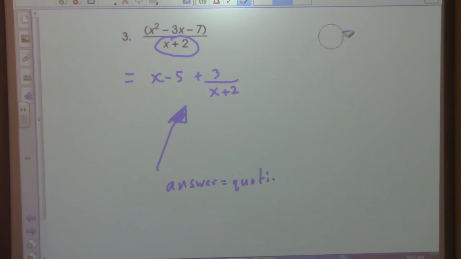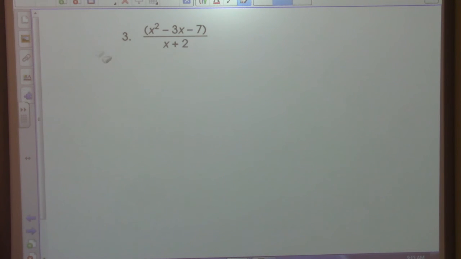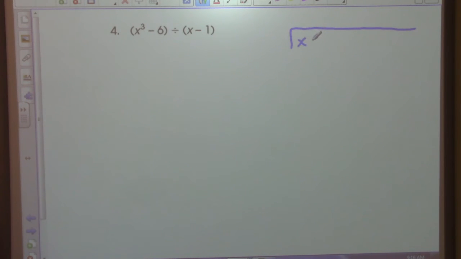All right, what I want you to do is take problem 4. I'll give you a little hint. You have to be careful when you have missing terms. You have to go x cubed plus 0x squared plus 0x and then minus 6, and then you divide by x minus 1.